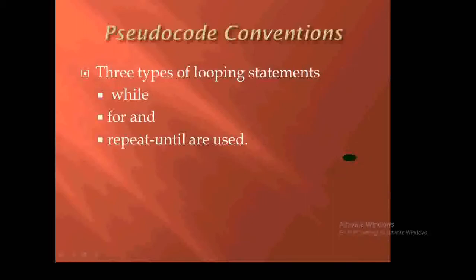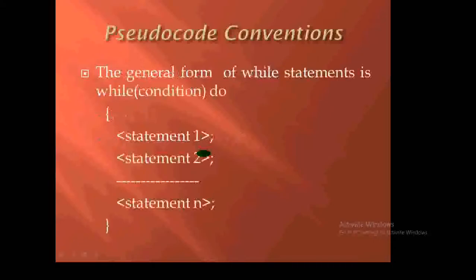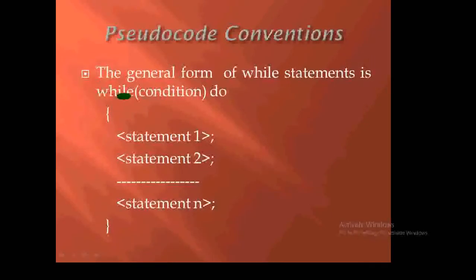Here, while writing the algorithms, we use three types of looping statements. They are while, for and repeat until. The general form of the while statement: we start with the while keyword, and you have to write the condition within the parenthesis, and we write the keyword do, and we give a list of statements within the curly braces.